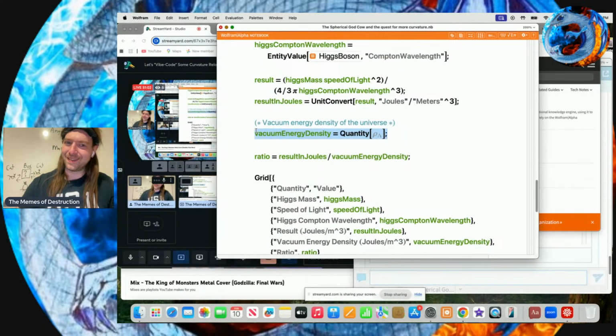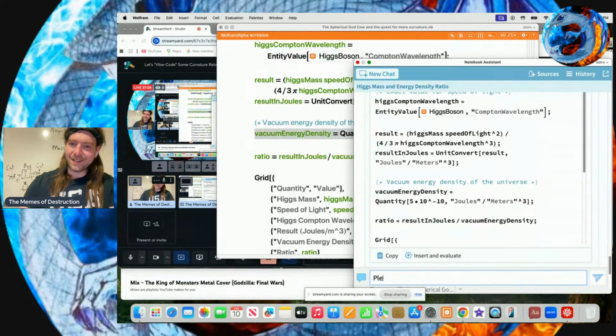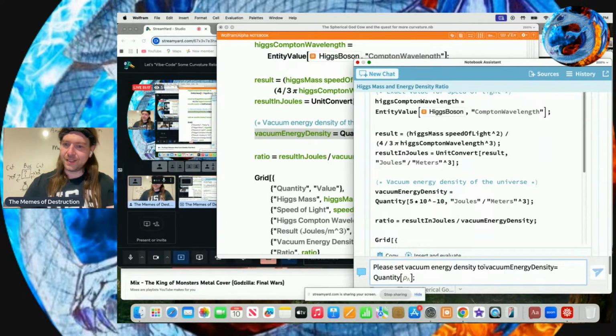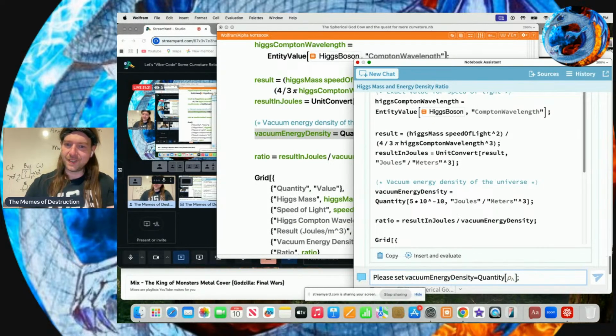So, all right, now we can. Please set vacuum energy density to, okay, so aka rho lambda. That's what it is.